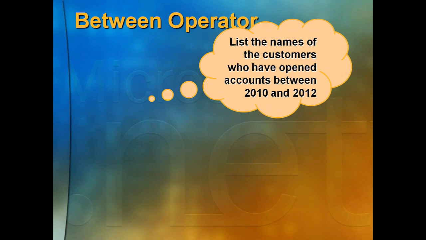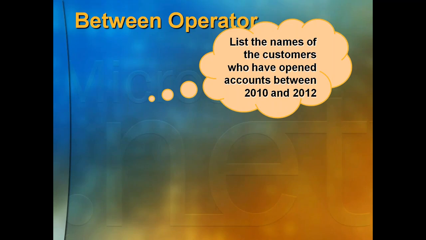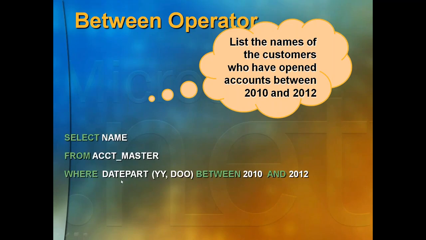List the names of the customers who have opened accounts between 2010 and 2012. Between 2010 and 2012, who are the customers who have opened accounts? If you have any accounts in between, those accounts are shown to you, because I have to bring out only the year number.